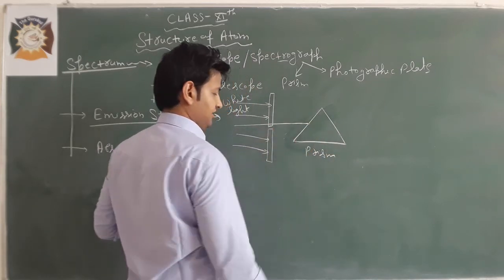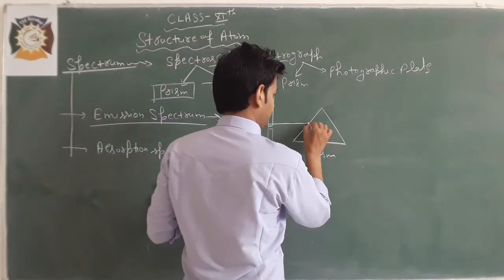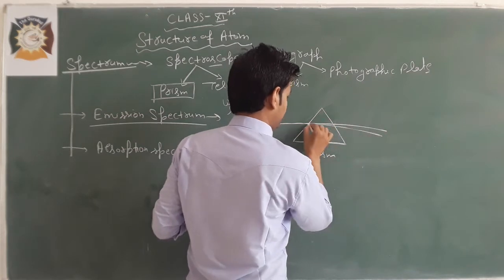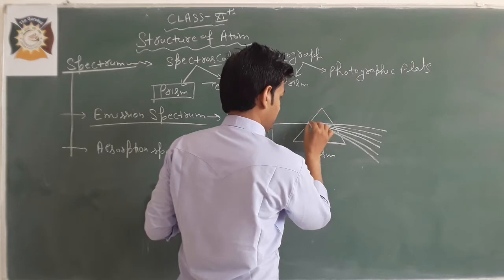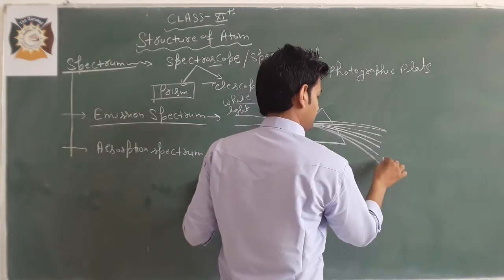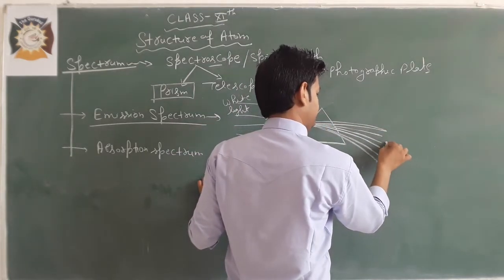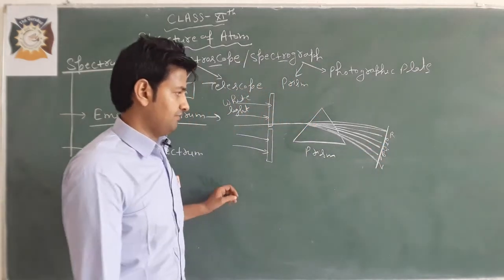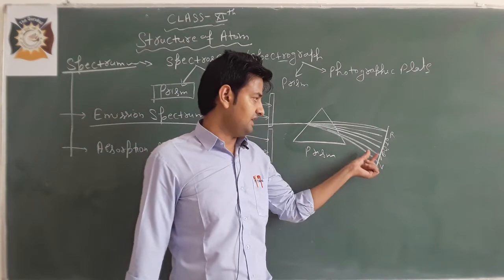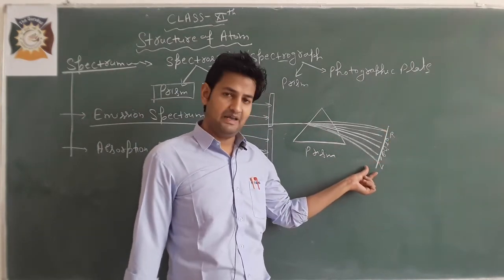When this white light is passed through the prism, it dissociates into different colors. On the photographic plate we obtain the different wavelengths of radiations.